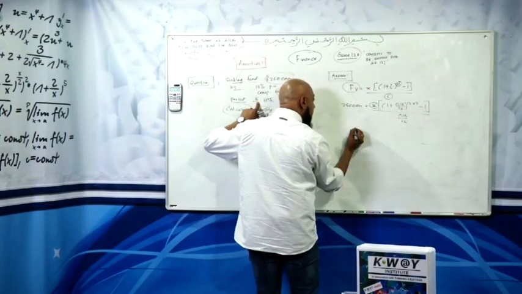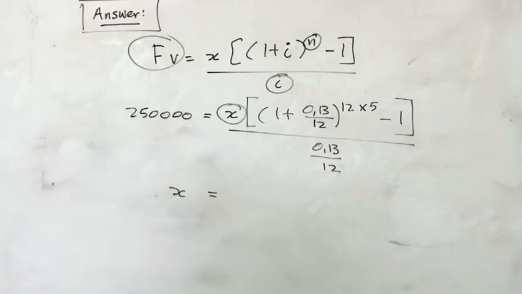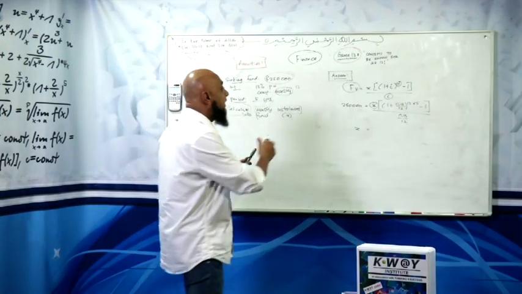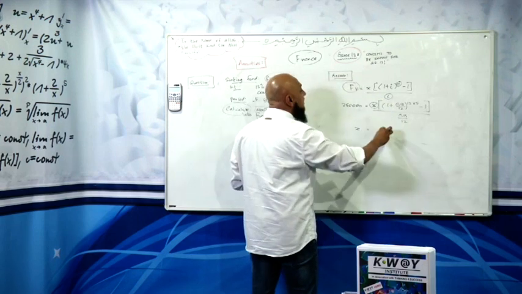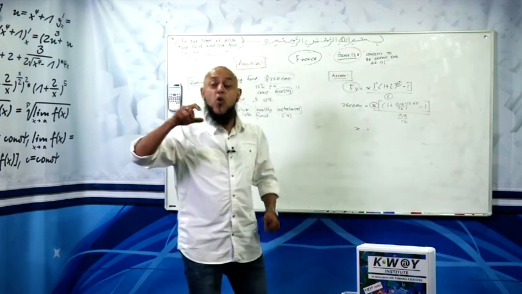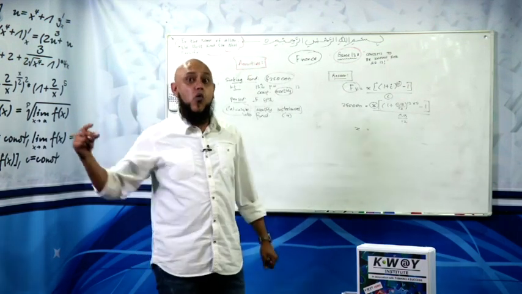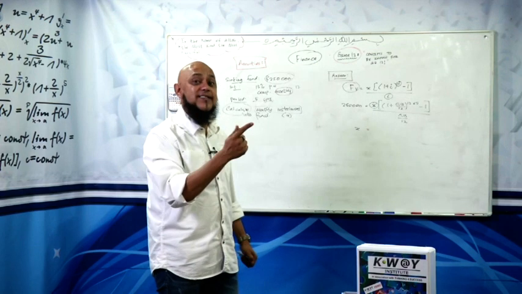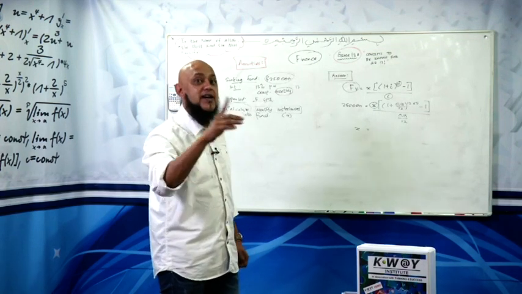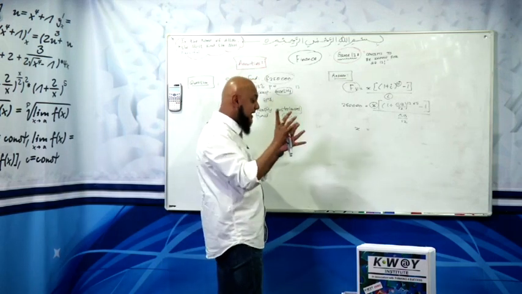Okay, we now need to solve for X. Now I'm going to show you a little trick that I'd like you to do. Obviously, we need to make X the subject of the formula. So instead of doing a whole lot of calculation, we're going to use one system on our calculator that we're going to plug in and we're going to get our X value. So pay attention and listen.